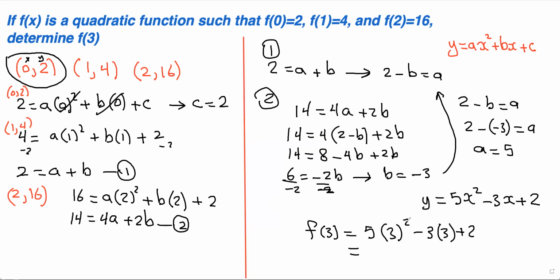That gives me 45 minus 9 plus 2. 45 minus 7 gives you 38. So that's the question that I was asked. The person has a test tomorrow, so I must post it tonight so they could take a look at it, and hopefully it will help them answer this question if it's on the test tomorrow.